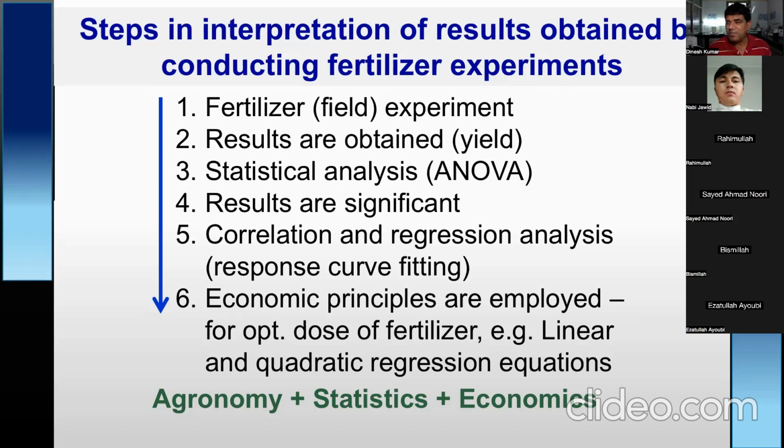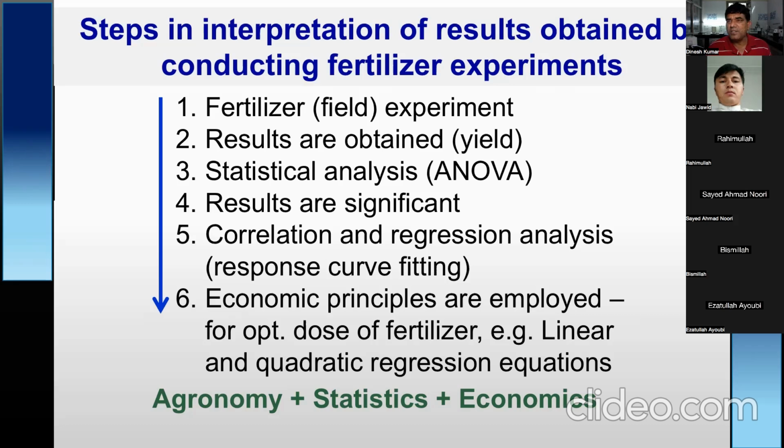X0 is fertilizer 0, so whatever yield I get at X0, I write it as Y0. Similarly, X1, Y1, X2, Y2, X3, Y3. I will have the data of independent and dependent variable in pair form, that is, fertilizer rate and grain yield in pairs. That will be pair data.